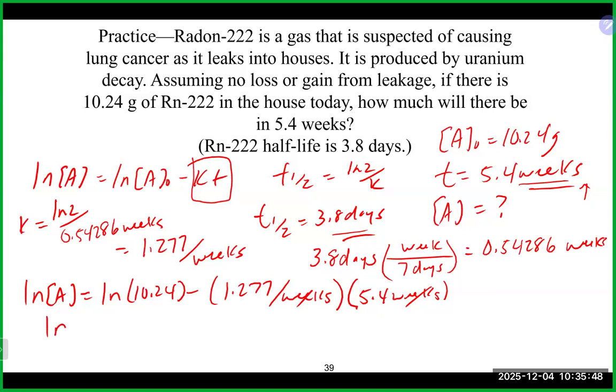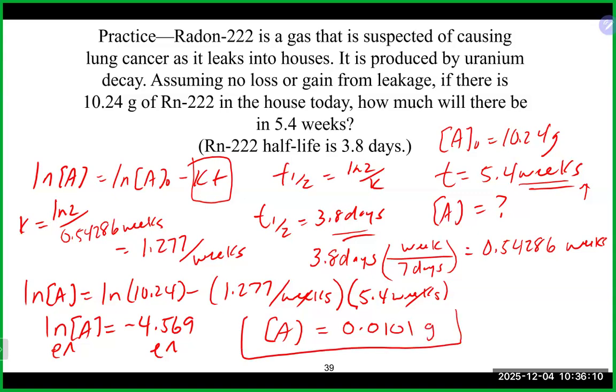That gives us the natural log of A is equal to minus 4.569. Going to e there, and that is going to get us, oops, not that, hit the right button. There you go. It looks like 0.0101, we'll call it. And these would be grams in this case.